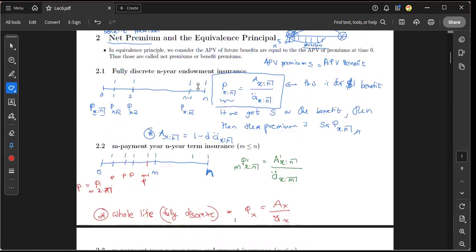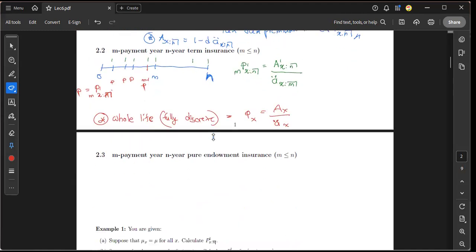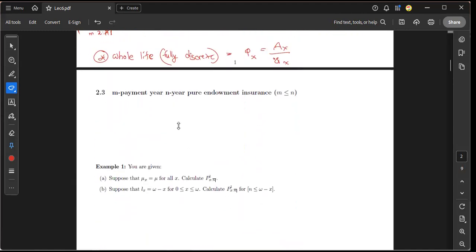But for the term life, we didn't know when the death benefit will be paid. In this case, we have the benefit, which is $1, and we will pay a premium starting from 0 to M years. We have P up to M minus 1 year.